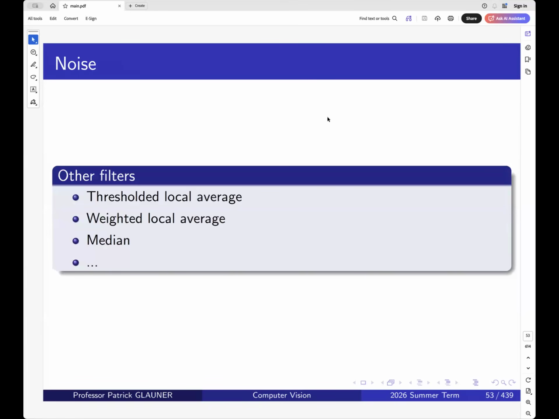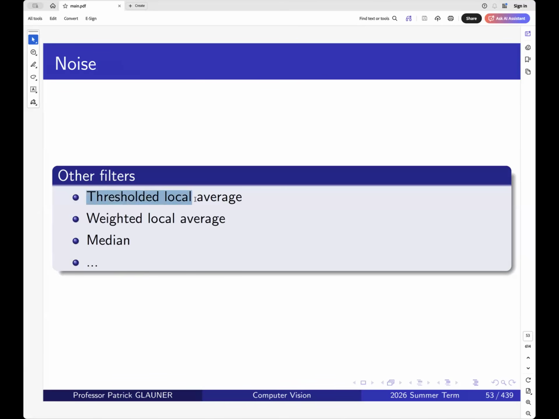Now we will study some of these filters in greater detail. And there are lots of different filters. We have seen this local average filter. You could have a weighted local average filter. Weighted would mean maybe the immediate neighborhood would count more than others. So we have a bigger neighborhood and the further out, the less important.